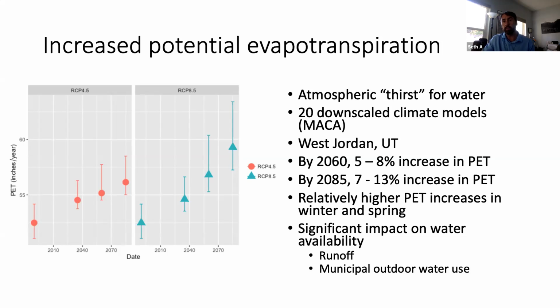And this change in potential evapotranspiration can have a significant impact on water availability, both through the amount of runoff that's available in streams and rivers, and by impacting the amount of water needed for outdoor water use in municipal settings and agricultural settings.